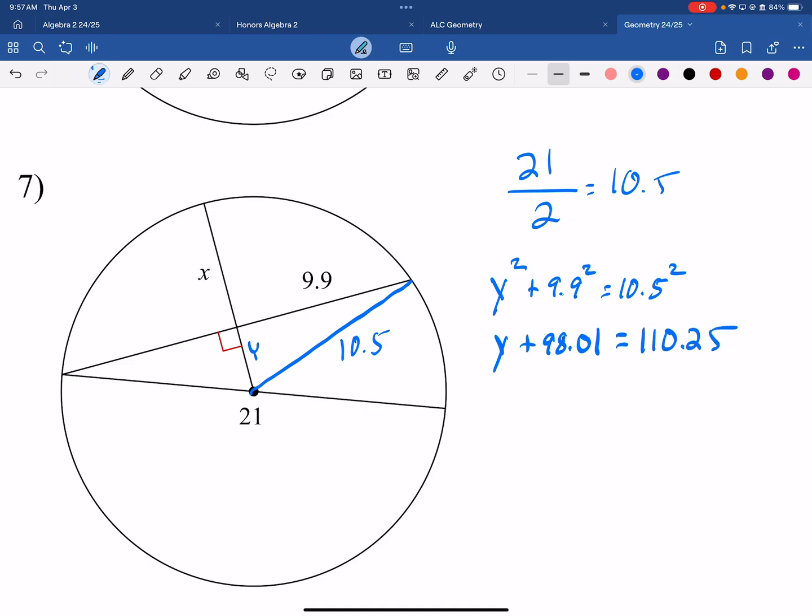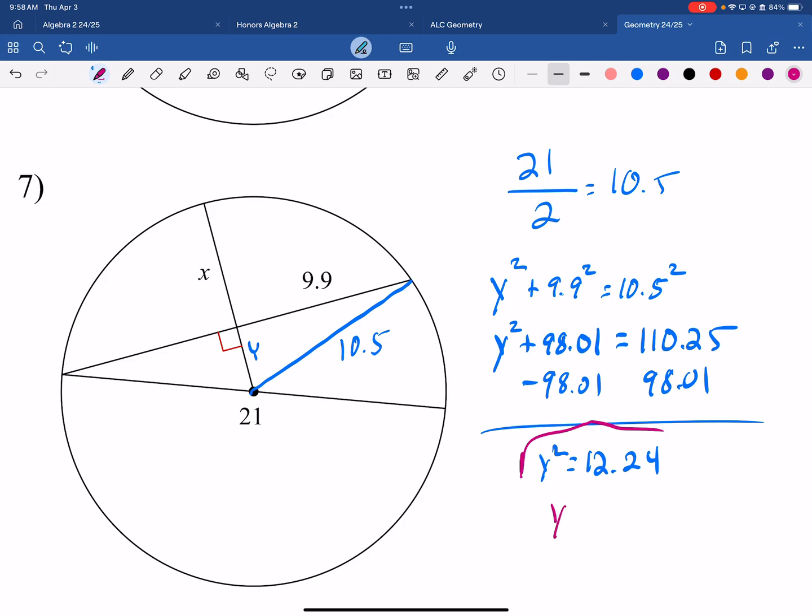Okay. Now we're going to subtract 98.01 from both sides. So we're looking at 12.24. Oops, I forgot the squared there. y squared equals 12.24. Square root of 12.24. 3 point something. 3.5. So our y value is 3.5.